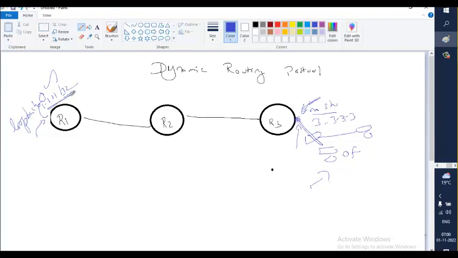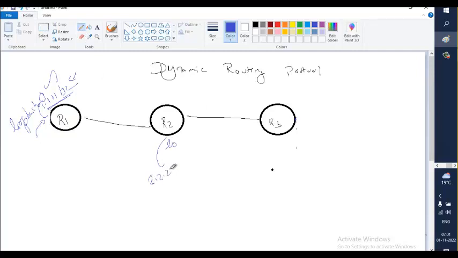I have created a loopback interface and I have put an IP address. The reason why I created a loopback interface is I want to just have a network. And on router 2, I got 2.2.2.2, and router 3. See, for a loopback we draw a little bent line like this.